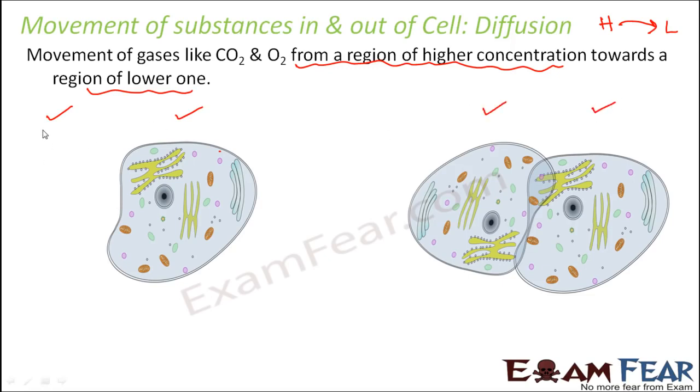In the outside environment, the concentration of oxygen or carbon dioxide might be different from the concentration inside, right? So it will flow from higher concentration to lower concentration. For example, if the concentration of carbon dioxide is higher outside, then carbon dioxide will start moving from outside into the cell.